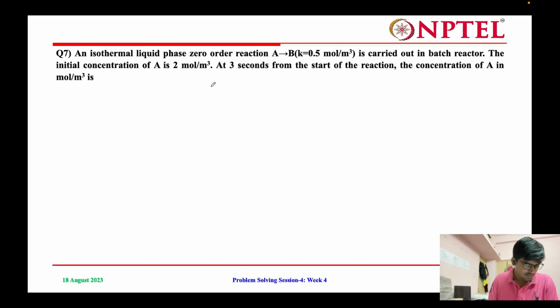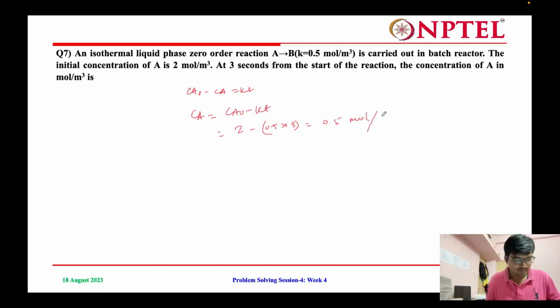These are zero order reactions, so the rate equation is C A equals C naught minus Kt. Here C naught is given, K is given, 0.5 into 3 seconds. So it's 0.5 mole per meter cube.